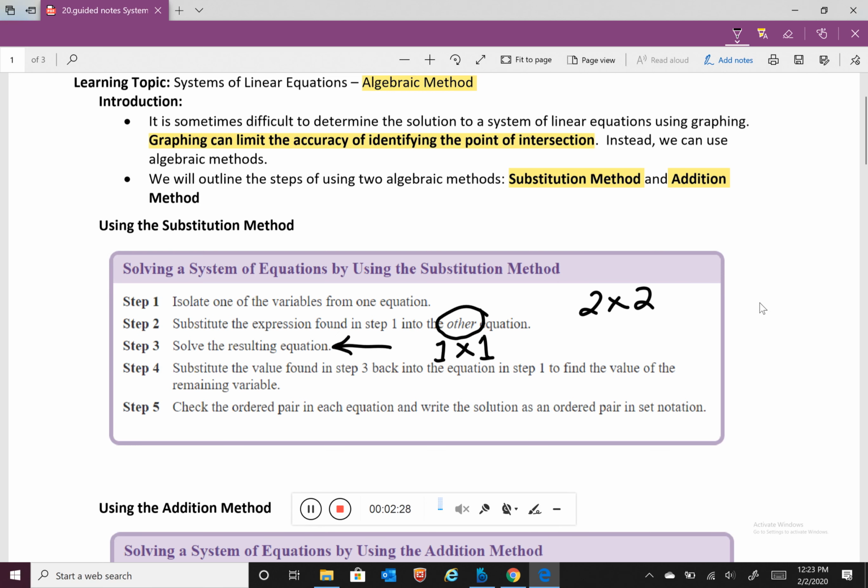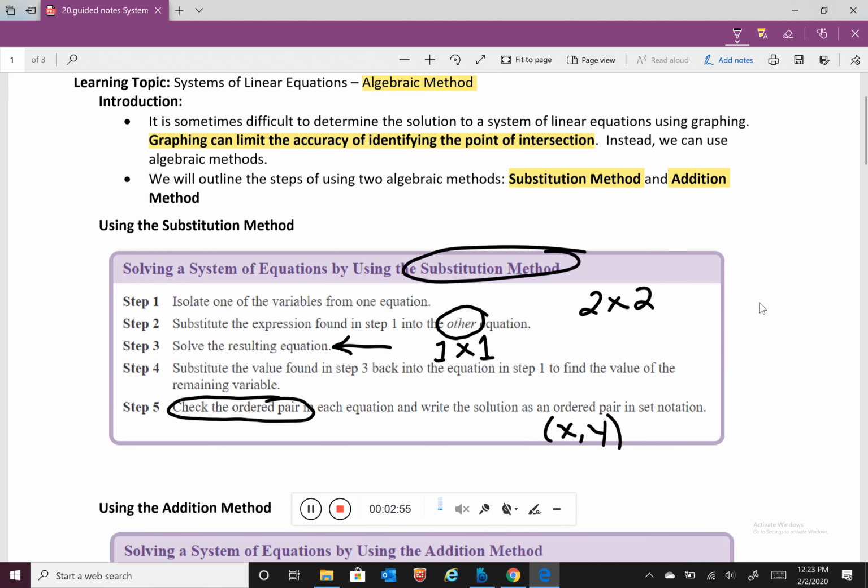Once you find one of the variables, you will then substitute back to find the second one. And then we always want to make sure, is the point that I found actually the solution? So you're going to check it in each equation to make sure that it does work, and then write the solution as an ordered pair x comma y. So that is the method of substitution.